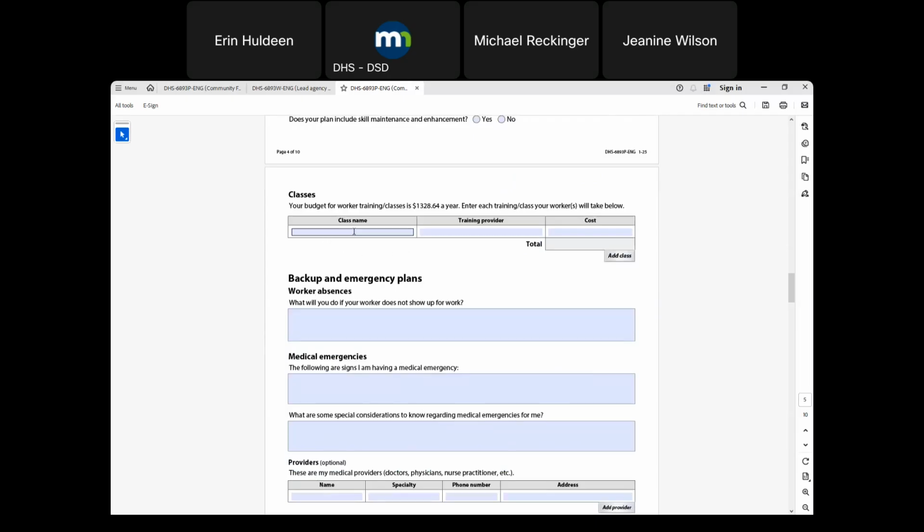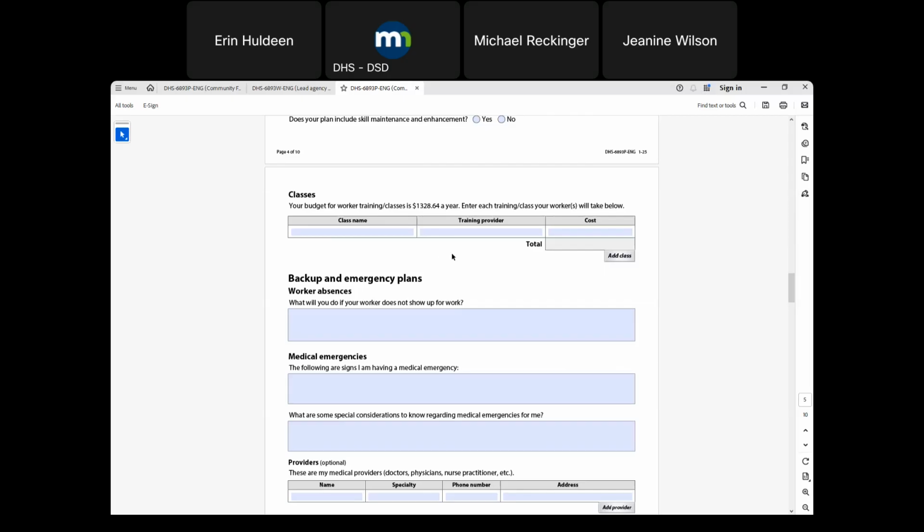All budgets will automatically have a worker training and development section for $1,328.64 a year. This is for you as the CFSS provider agency to train the workers and do that evaluating of the workers, etc., kind of like what the qualified professional had done in the past.